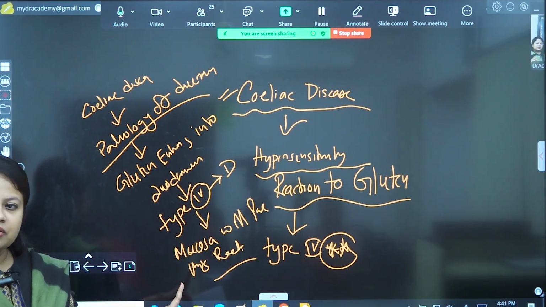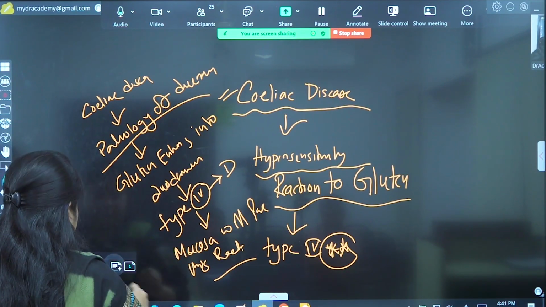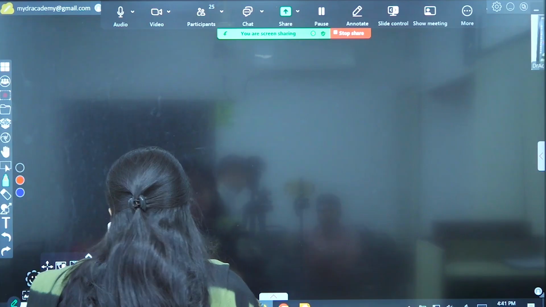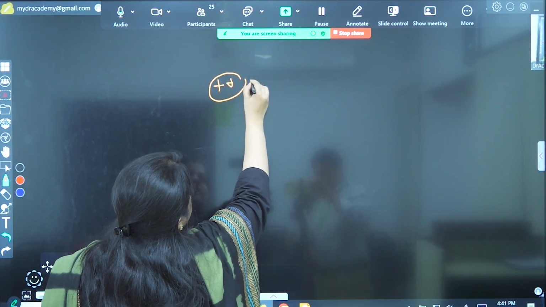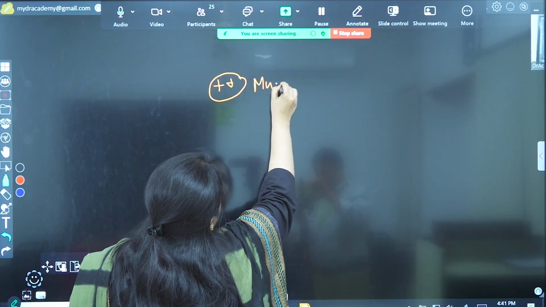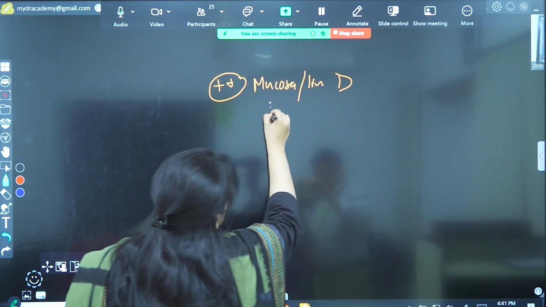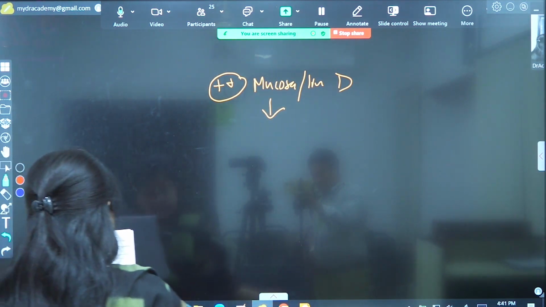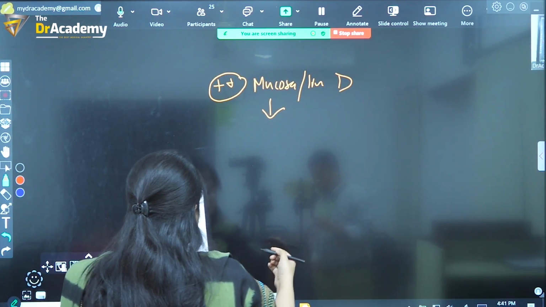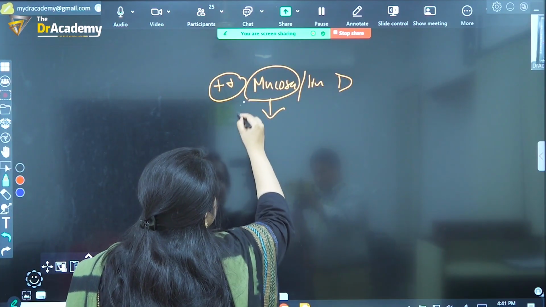It will lose its structure, or not? It will lose its structure. Okay. Whenever there is a continuous hypersensitivity reaction in the mucosa or lining epithelium of the duodenum, the structure of the mucosa actually gets deformed.